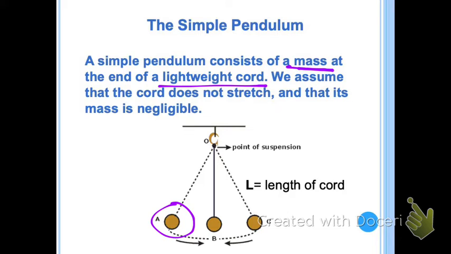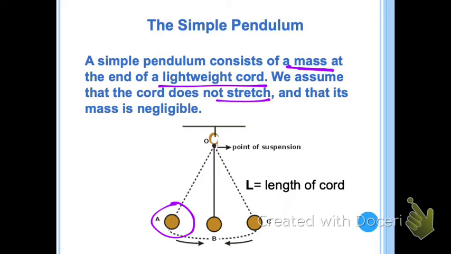So we want the cord itself to be pretty lightweight, but it's important that it doesn't stretch. Why would it be important that it doesn't stretch? There would be a spring constant. Yeah, what else? That's right. Would it have a consistent back and forth if our cord stretched?